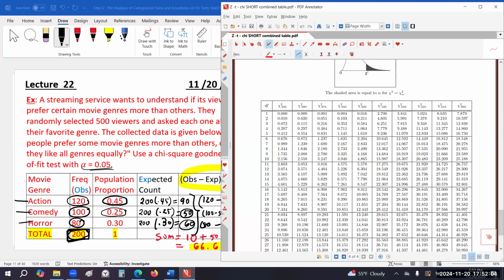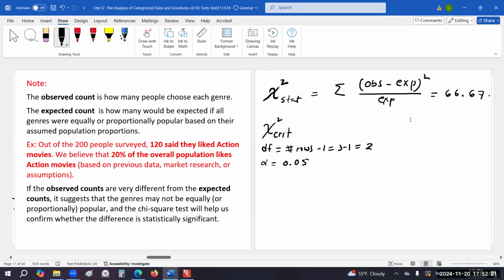So degree of freedom 2 is here in this row. Alpha level 0.05 is here. So 5.991. Our chi-square critical is 5.991.